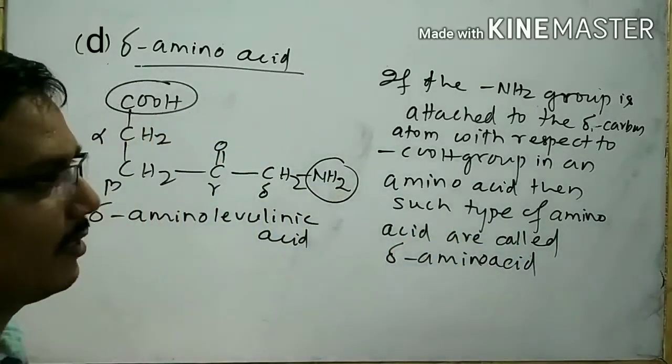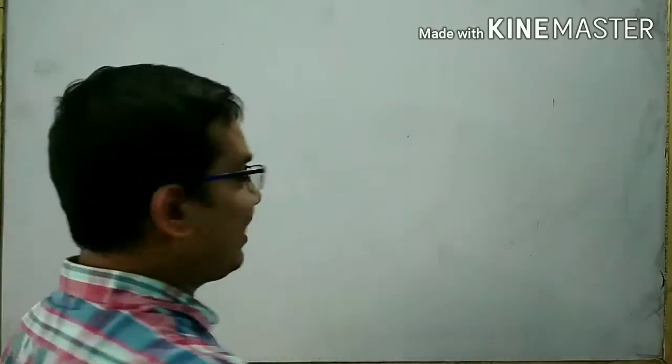Amino acids can be classified depending upon the relative number of NH2 and COOH groups in the molecule.